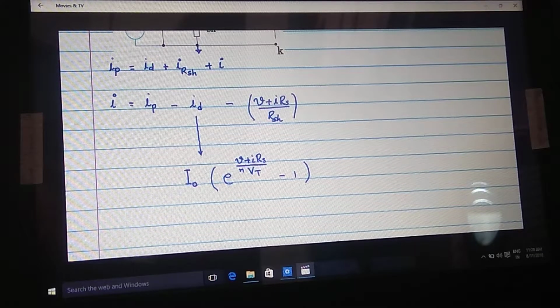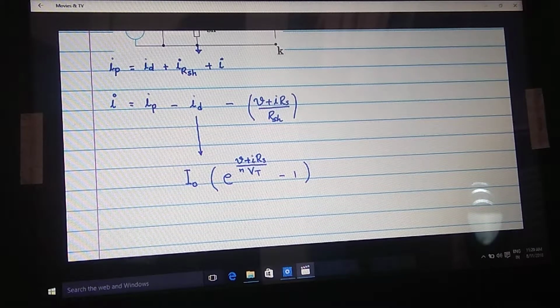So this is the current equation for the diode. It comes from the PN junction theory, which you will find in any electronics PN junction chapter. A typical reference would be Integrated Electronics by Millman and Halkias.